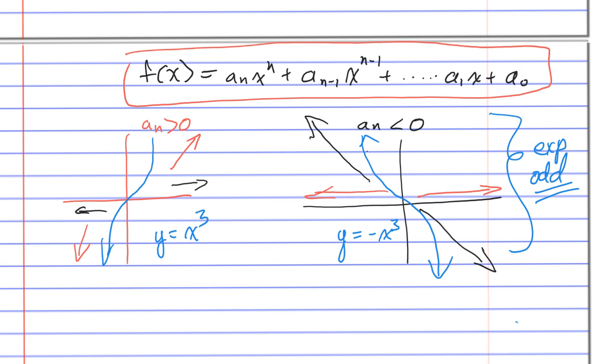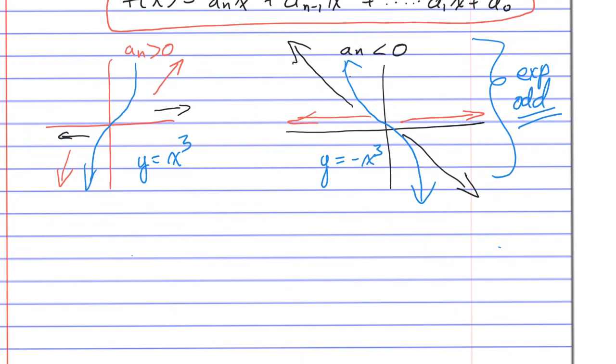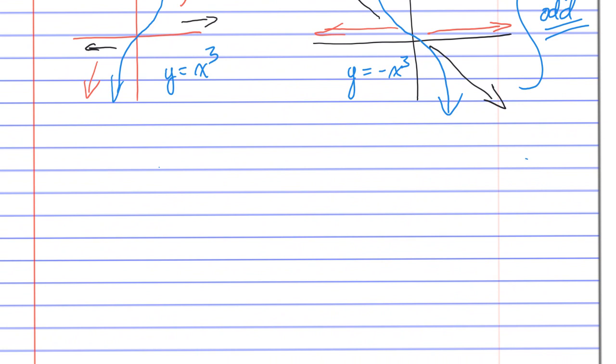And so now, what would happen if we had an even exponent for our graphs? So imagine if I had something like this. y is equal to x to the 4, and then I had y is equal to, sorry, negative x to the 4.